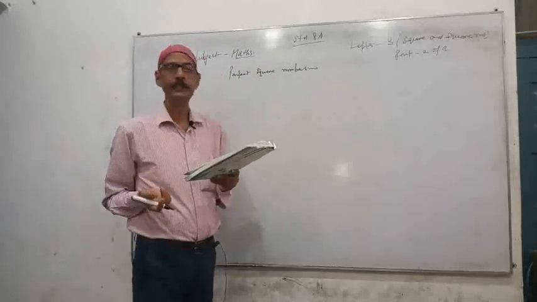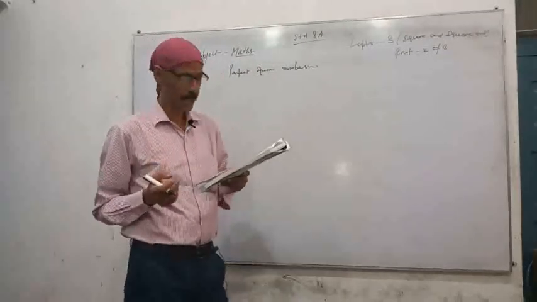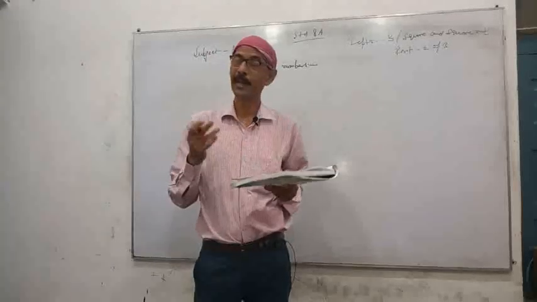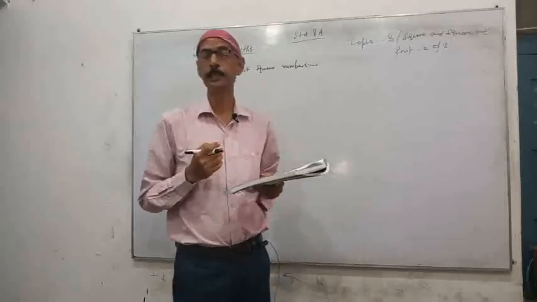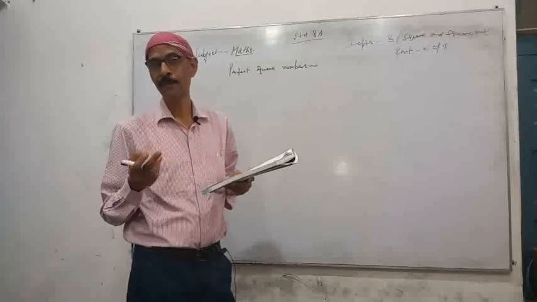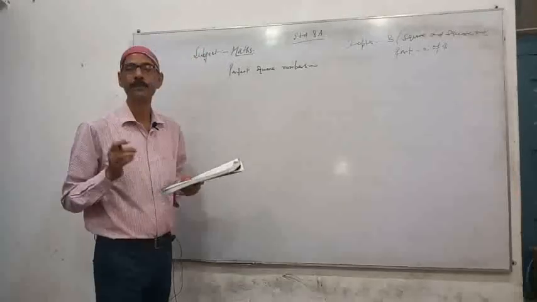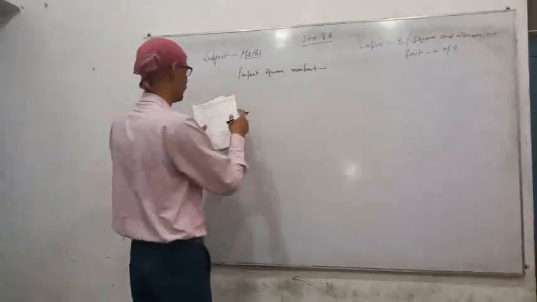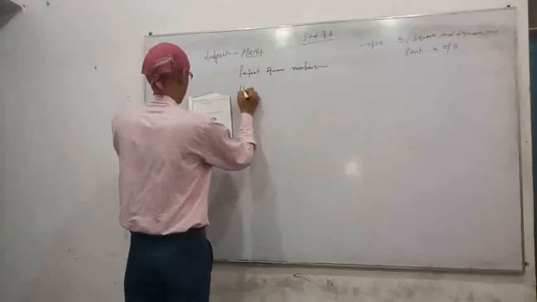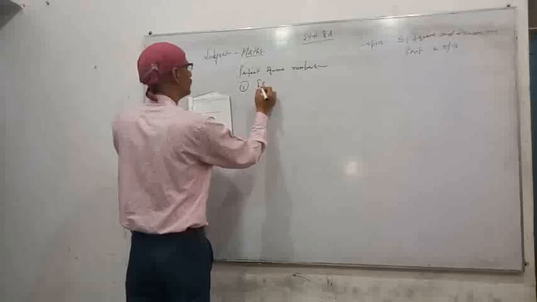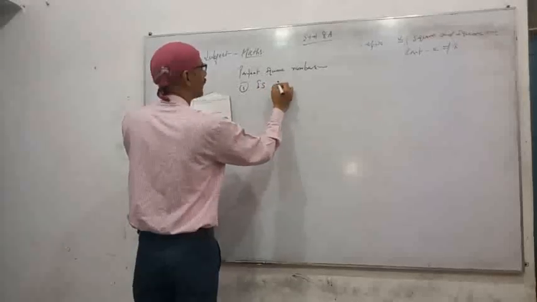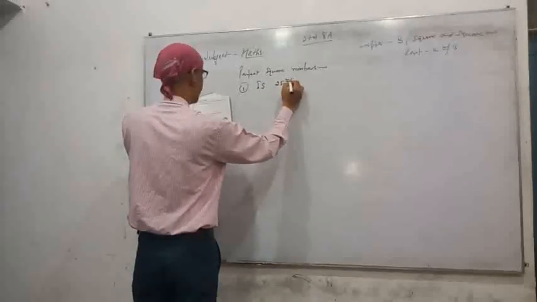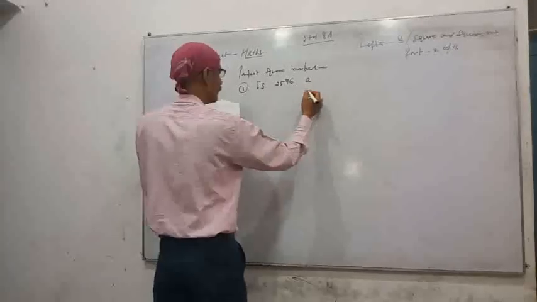For example, 16, 49, 9 by 16, 49 by 121, etc. are perfect squares. For example, I am giving you one question: is 2576 a perfect square?